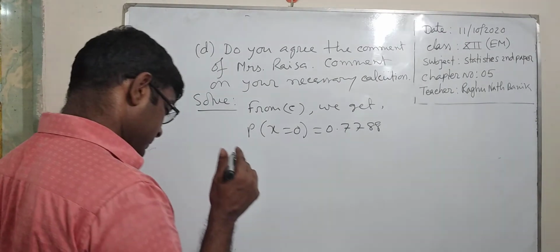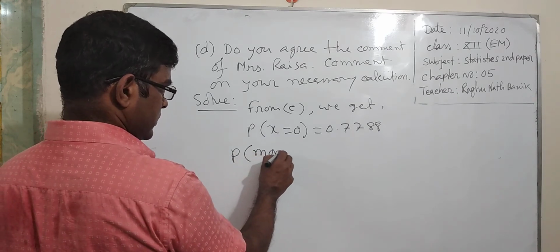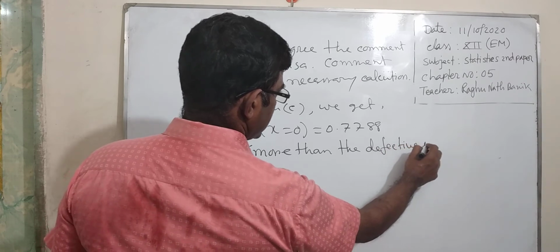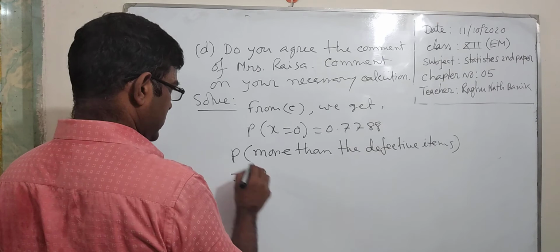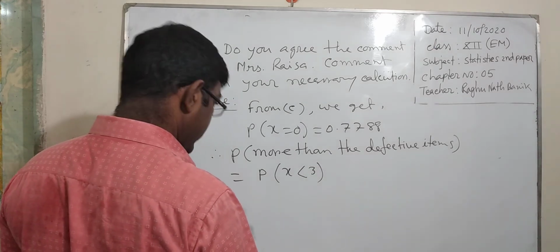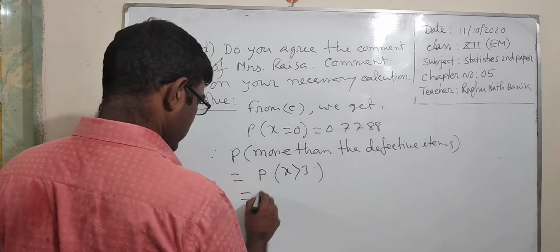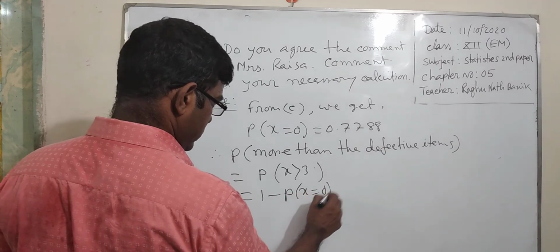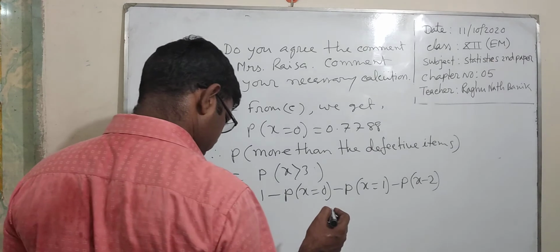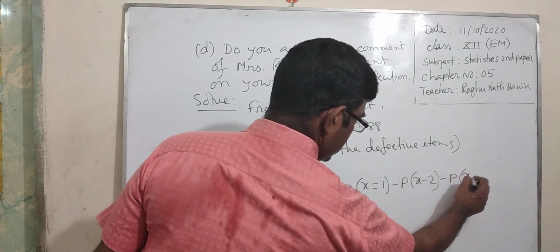Now, probability of more than 3 defective items, that is probability of x greater than 3. Thus we can write 1 minus probability of x equal to 0 minus probability of x equal to 1 minus probability of x equal to 2 minus probability of x equal to 3.